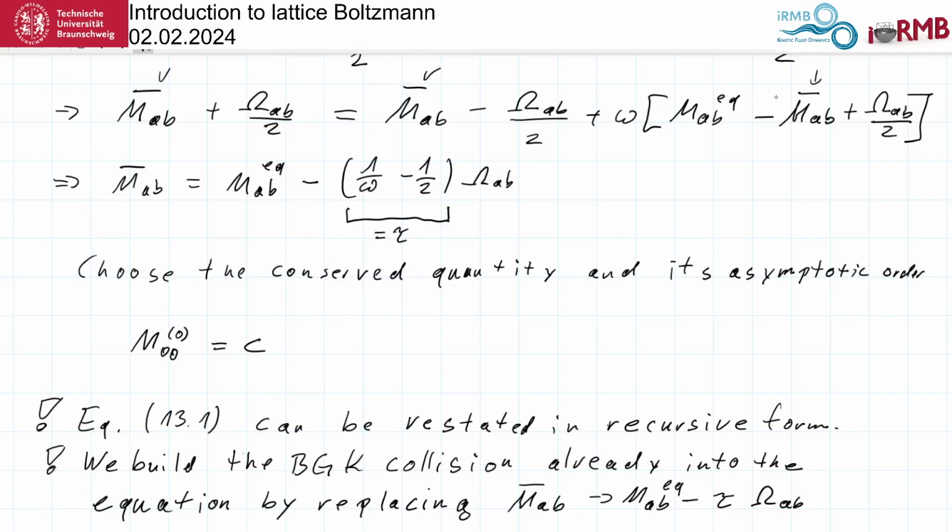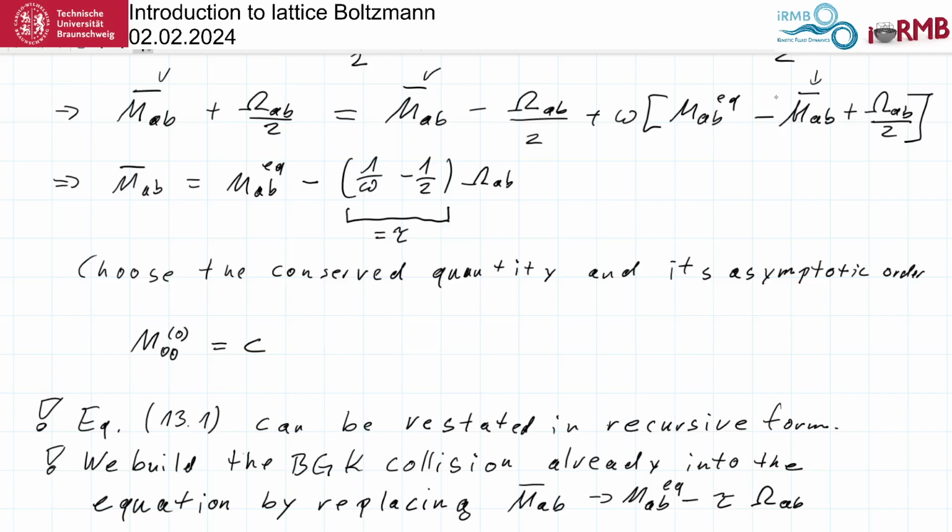Okay, now I really miswrote it. Yeah, so what we have above here, MAB. First of all, we have to restate the MAB without overbar in terms of the overbar, and then we have to restate this again with the collision operator, the equilibrium minus tau omega AB.